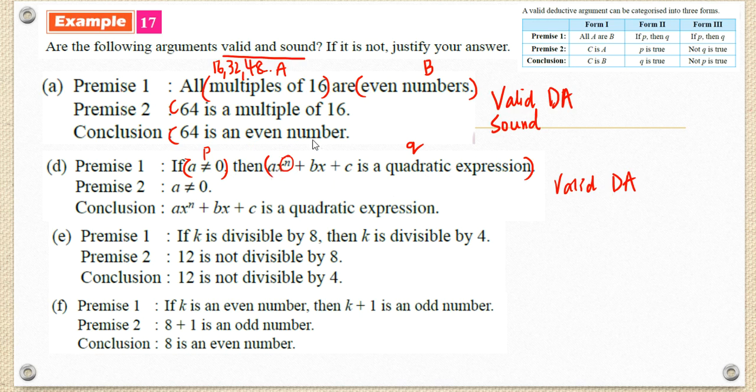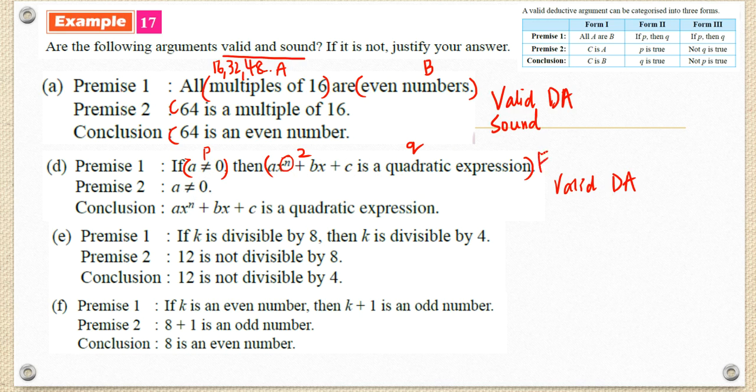The a value only decides whether you get a happy face or a sad face, but n decides whether it's quadratic or not. n must be 2. So the statement must be: if n equals 2, then ax^n + bx + c is a quadratic expression. Then it will be true. So for this case, it is false.